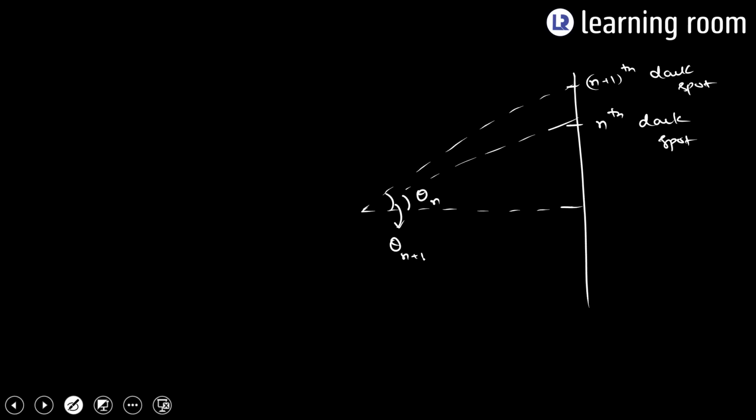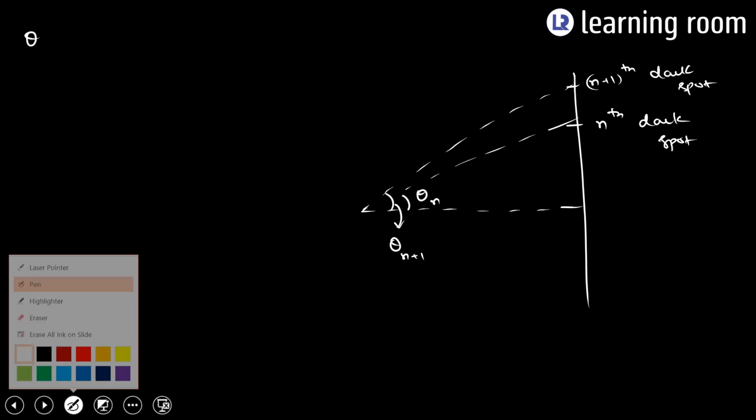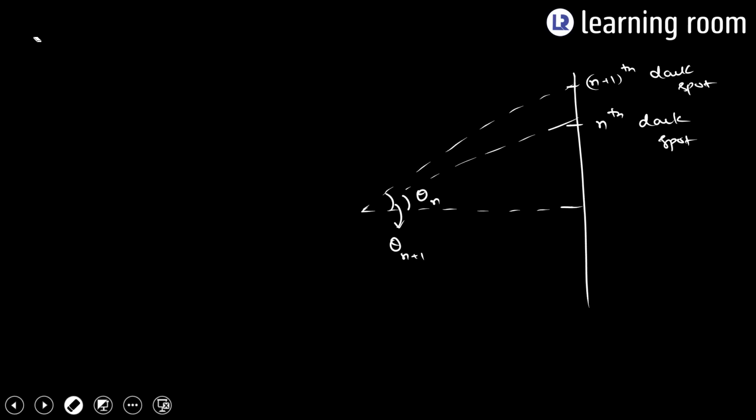Okay, so the distance between the n plus 1th dark spot and the nth dark spot is going to give us the width of the maxima that is available. Is it right? So, what is the condition for the nth dark spot to be formed? A sin theta n is equal to n lambda. And what is the condition for the n plus 1th dark spot to be formed? A sin theta n plus 1 will be equal to n plus 1 times lambda.